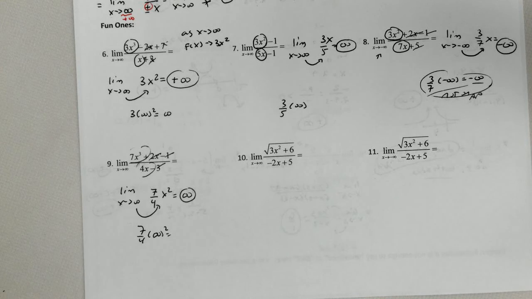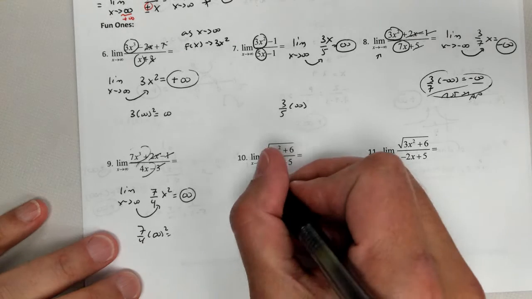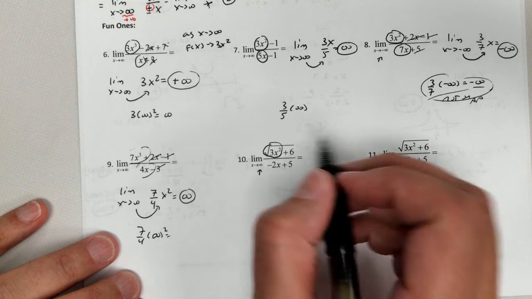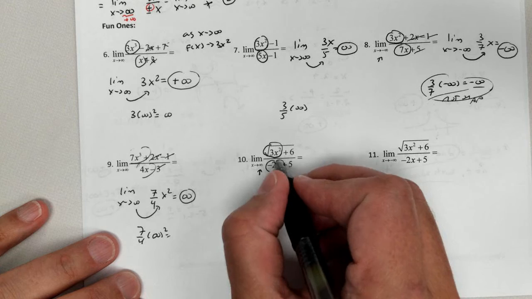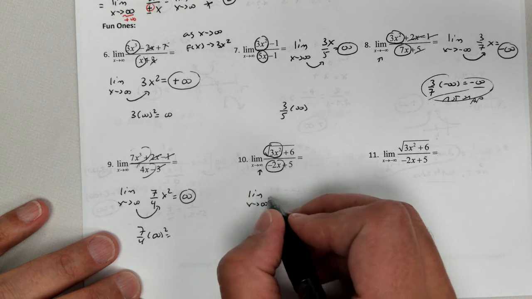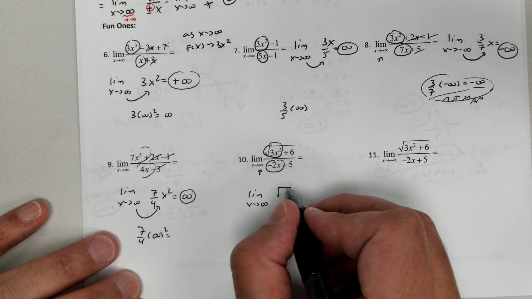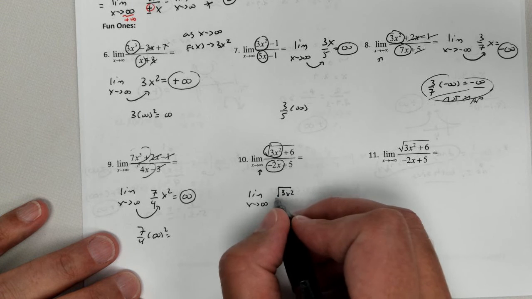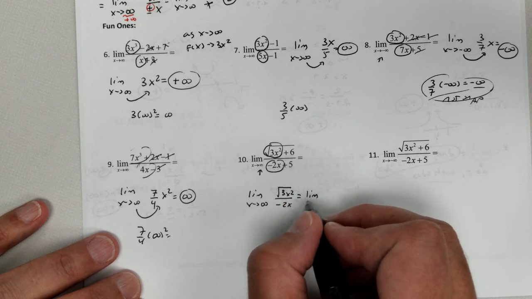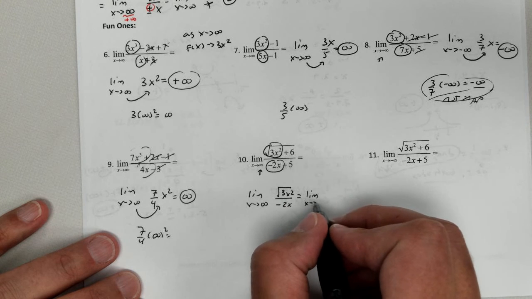All right, let's take a look at a question like number 10. We've seen this before up top. We only care about this bit right there and this bit right here. So we get the limit as x goes to infinity. This becomes the square root of 3x squared over negative 2x. Now I can simplify this a little bit as x goes to positive infinity.